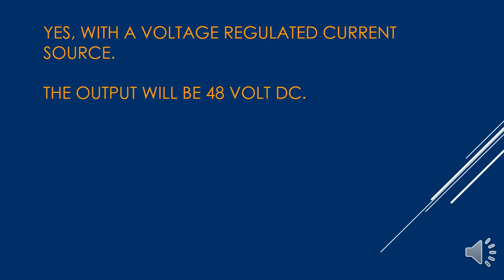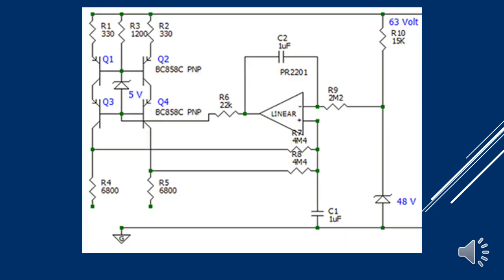Yes. With a voltage-regulated current source, it is possible. The output should be 48 volts. With this schematic, you have a voltage-controlled current source. The output of this current source is 48 volts on this output, and then you use your two phantom power resistors, and then you put that in the microphone.